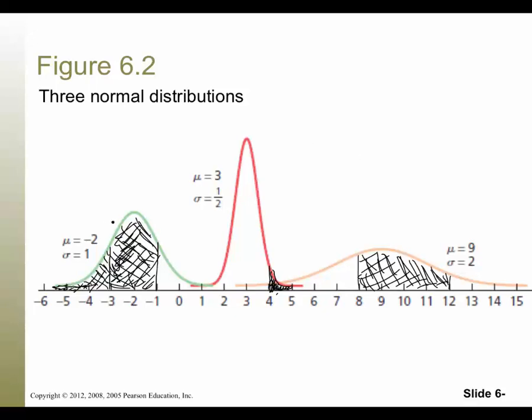So how about, let's see, Henry, this first one. So I've drawn this area here on this green normal curve. What does that area represent?